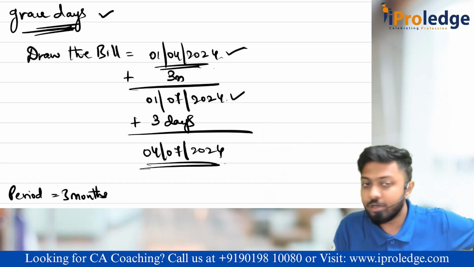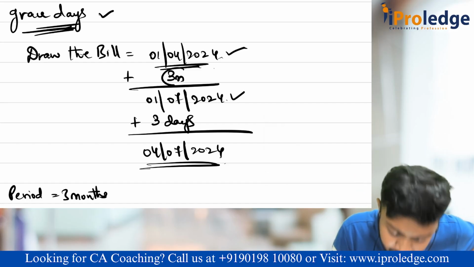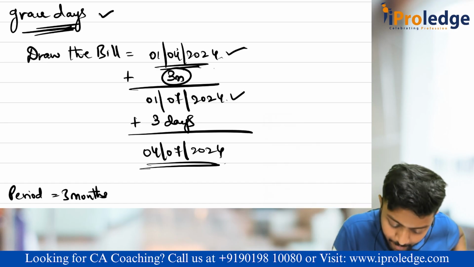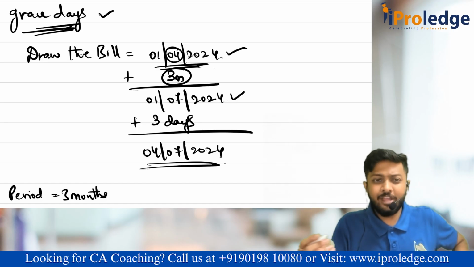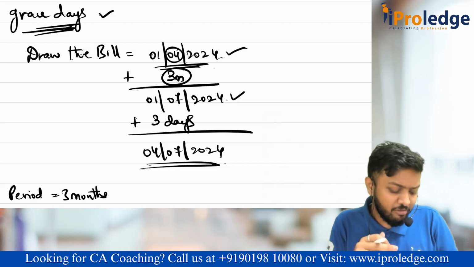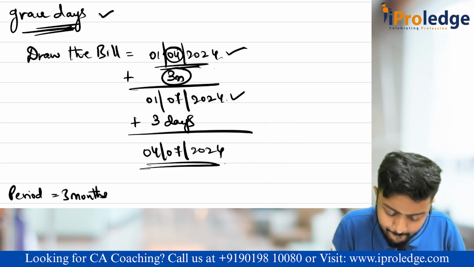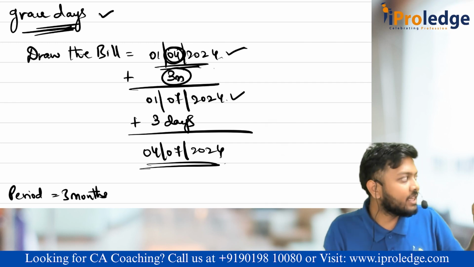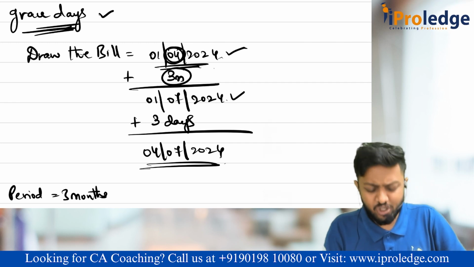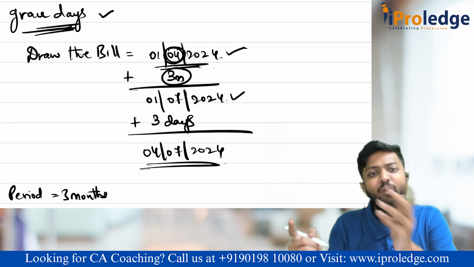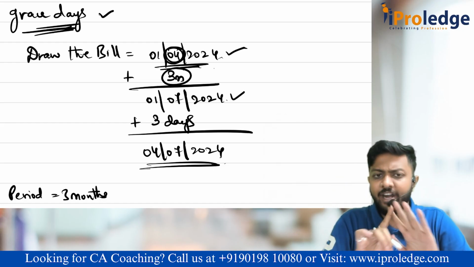So for that, directly add the number of months to the month part. Don't see how many days in a month we have, 31 or 28. Don't need to see. Directly add plus 3 to the month. Don't see any days. It is 1/4. For 4, which is the month, add 3, 7, 1/7/2024. That's all. Don't consider days.